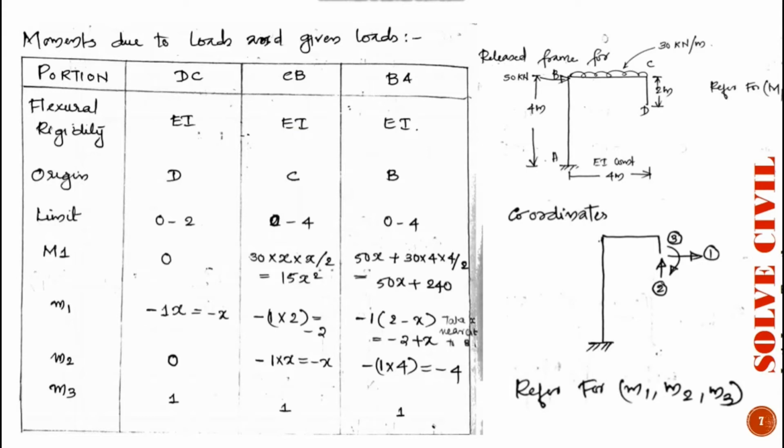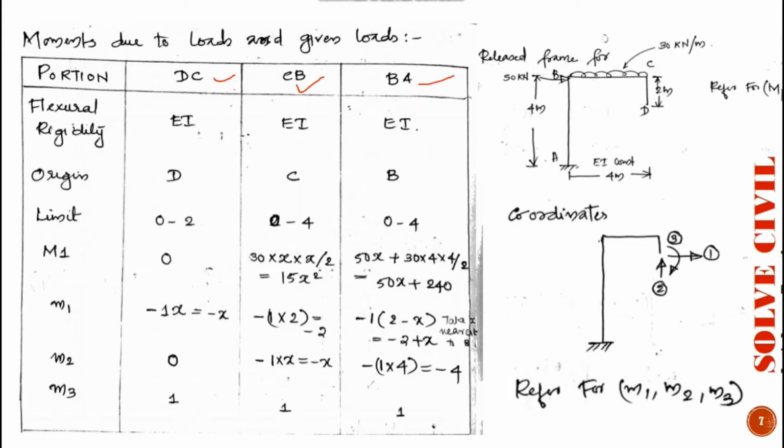We have 3 members, so we have 3 portions: DC, CB and BA. The flexural rigidity is the same throughout these members.